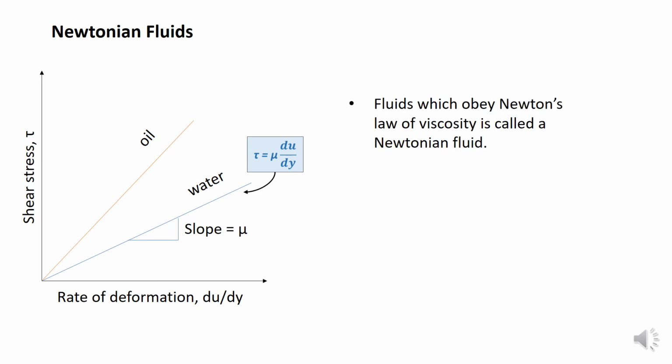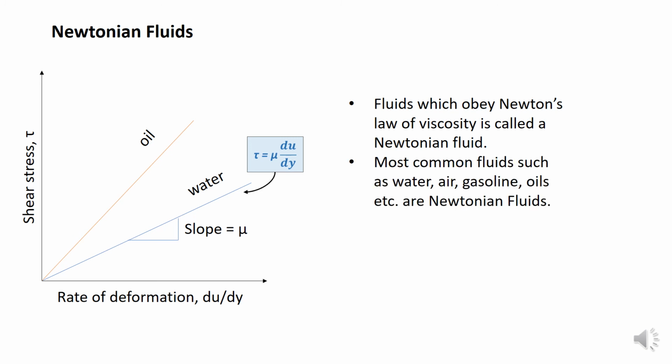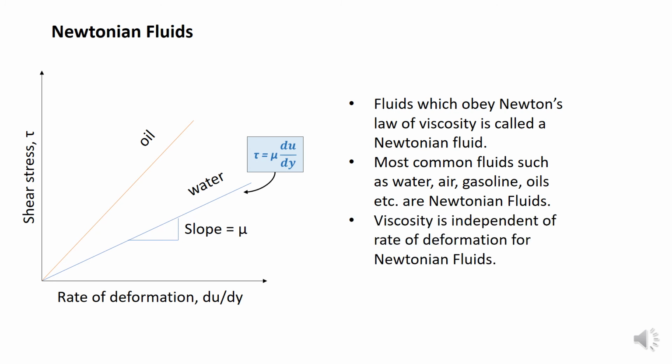The fluid which obeys Newton's law of viscosity is called Newtonian fluid. The most common fluids, water, air, gasoline, oils, etc., are some of the examples of Newtonian fluid. Here the viscosity is independent of the rate of shear strain for Newtonian fluid. But all fluids are not Newtonian in nature.